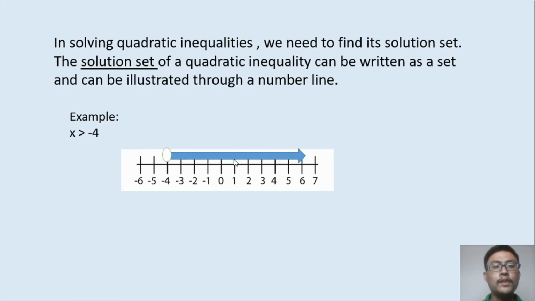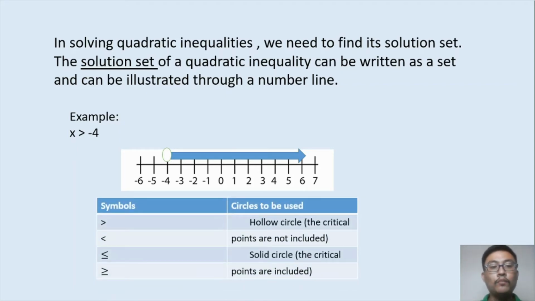So, kung mapapansin nyo yung negative 4, meron siyang puting bilog, and then since greater than, so lahat ng numbers going to the right direction. So, may mga circles tayong gagamitin para malaman natin kung siya ba ay hollow circle or solid circle. Kapag hollow circle, ito yung puti, katulad sa example natin, ibig sabihin, yung critical points ay hindi included.